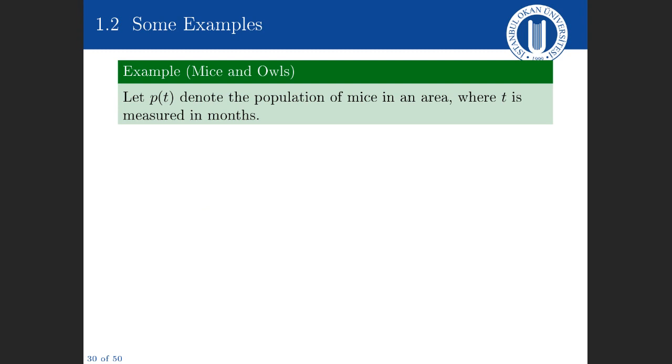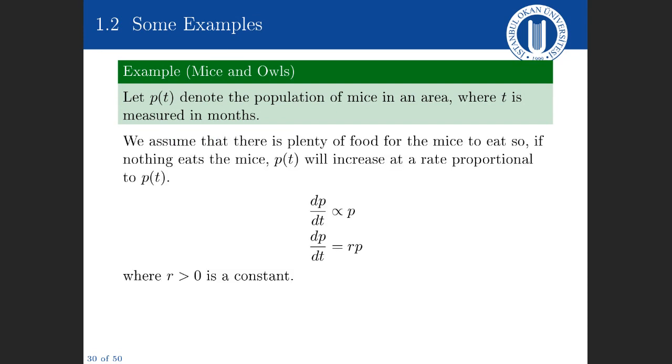Let's look at our second of these 3 examples. Now let's talk about a population of mice in a particular area. Now the time t is going to be measured in months. We can assume that there's plenty of food for the mice to eat.